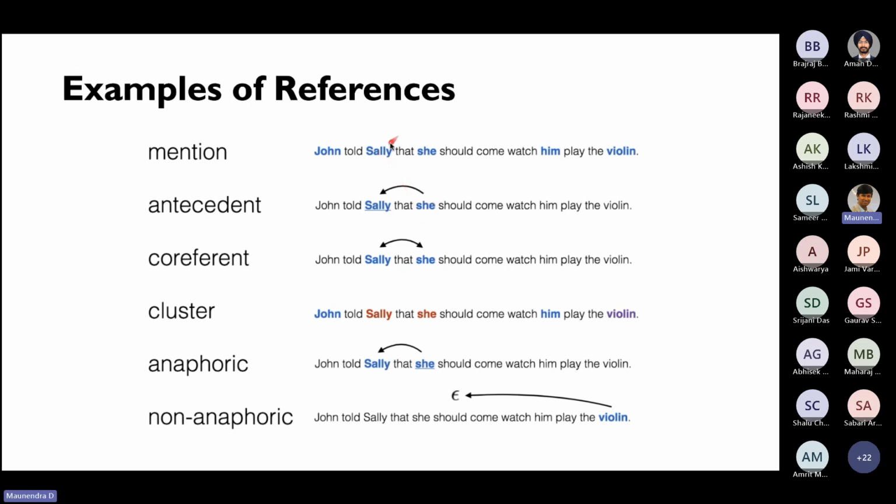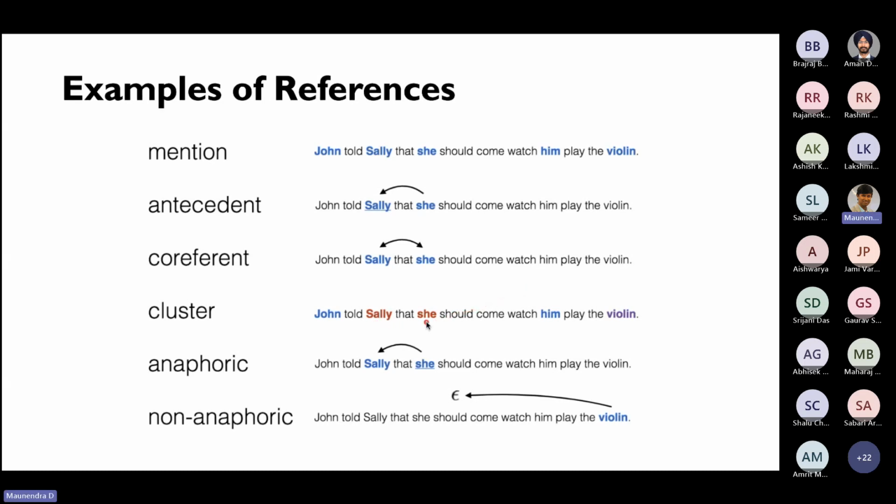Now, this is actually a correct anaphora and this is not an anaphora. Co-referent means these two are referring to the same entity, as in the example we have seen earlier. Then there is a concept of cluster, which is equivalent to co-reference chains. John and him have a co-reference between them and belong to the same co-reference chain or cluster.